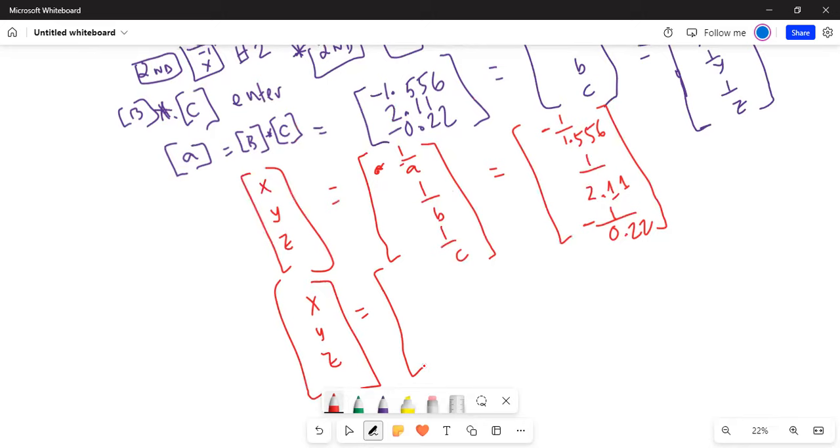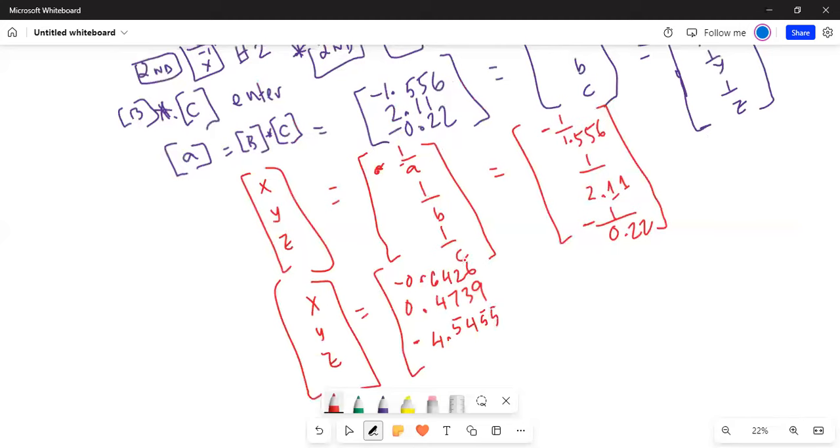1.556 inverse is minus 0.6426, then 2.11, its inverse is 0.4739, and 0.22 inverse is, don't forget the minus sign, minus 4.545.